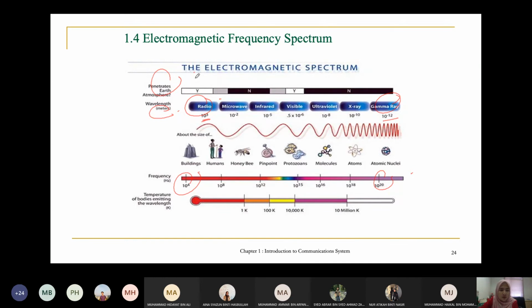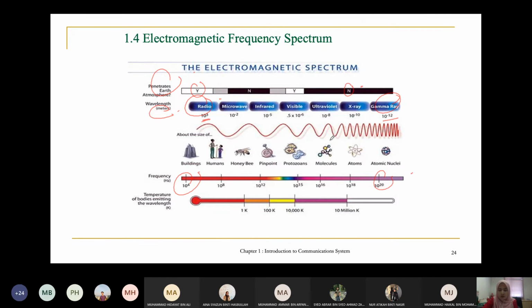For example, radio wave can penetrate, where Y is yes, N is no. Gamma ray, X-ray, and ultraviolet cannot penetrate through the Earth's atmosphere. This figure is just for your extra information about the size, the temperature, and the difference between wavelength and frequency for different signals.